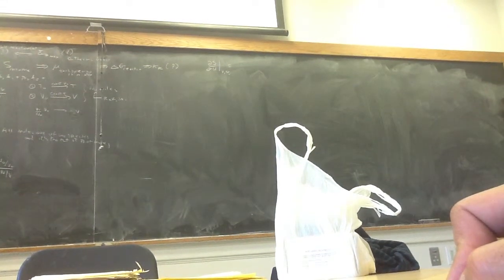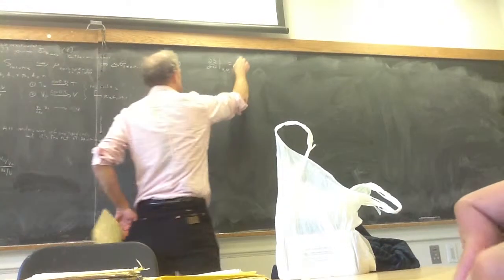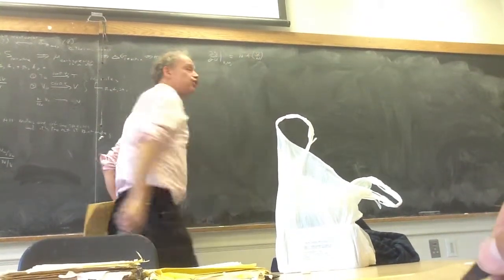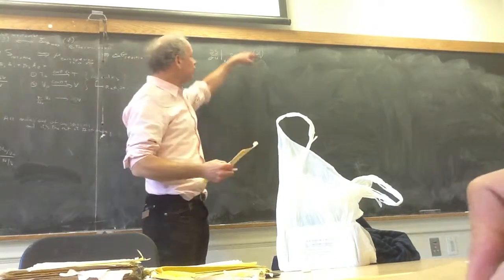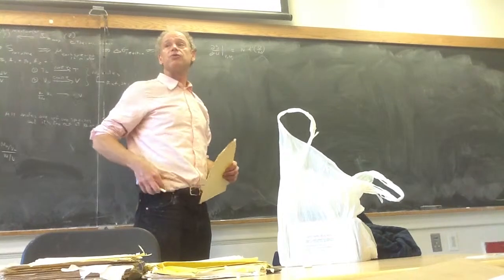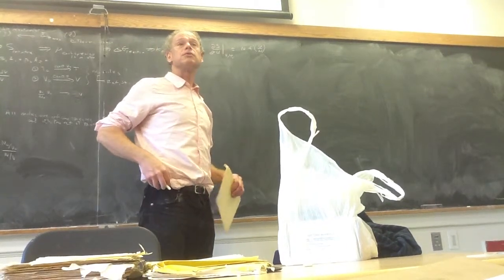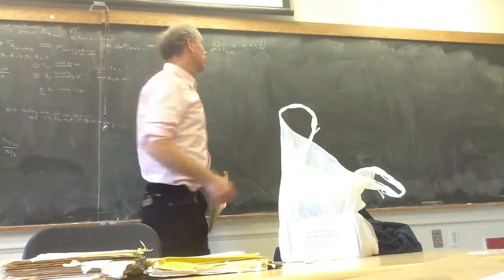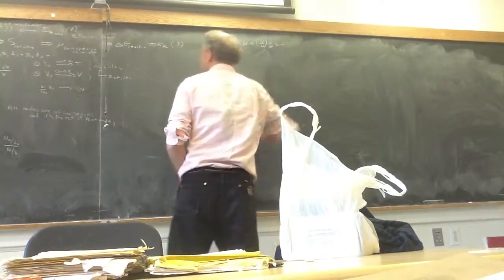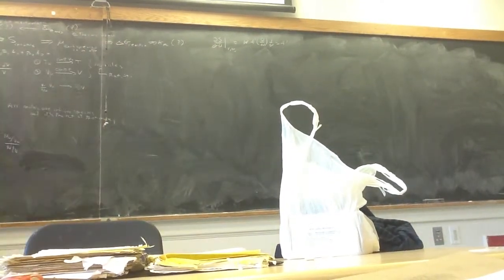So I have n times f prime. And now the chain rule, I have to take the derivative of u over n with respect to u. What's the derivative of u over n with respect to u? 1 over n. So that's just equal to f prime.